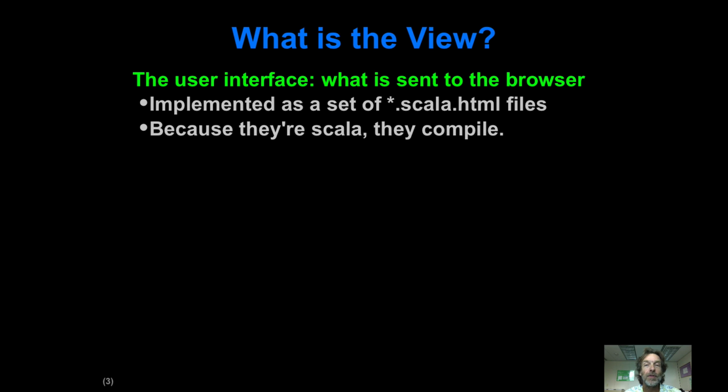What's going to happen when you initially create these views is that Eclipse is going to go crazy because it's going to be looking for code that it doesn't know about yet. And so what I've found in my Eclipse is to simply go to the Play console, type compile or test or run, anything to get the Scala code to compile, and then if you refresh inside your Eclipse browser, then all the problems go away.